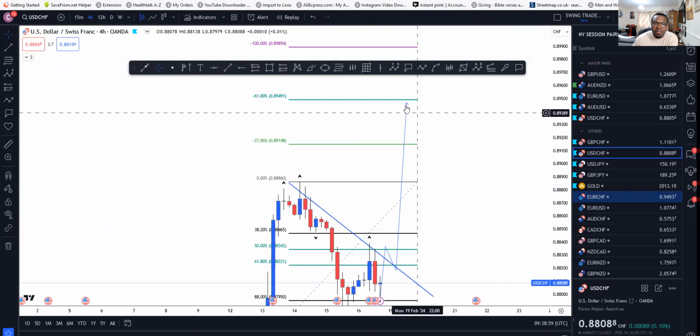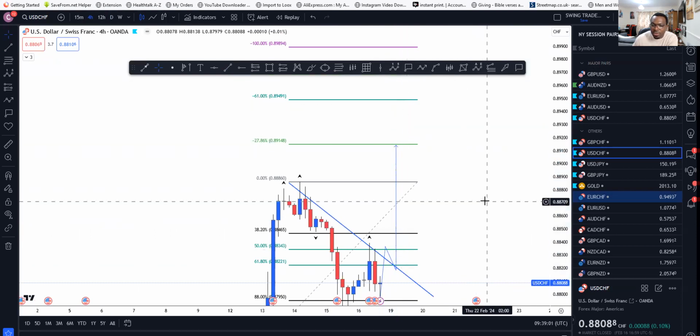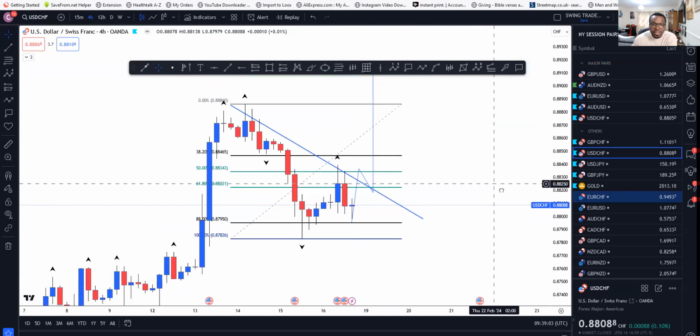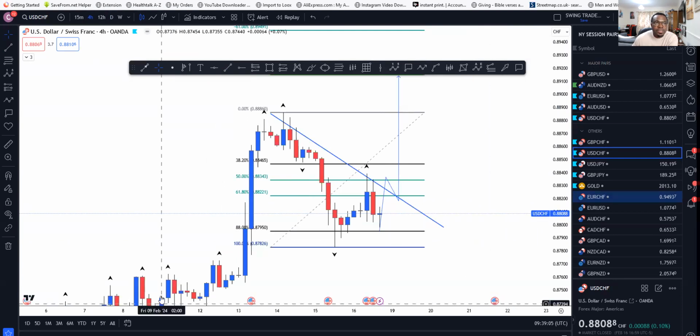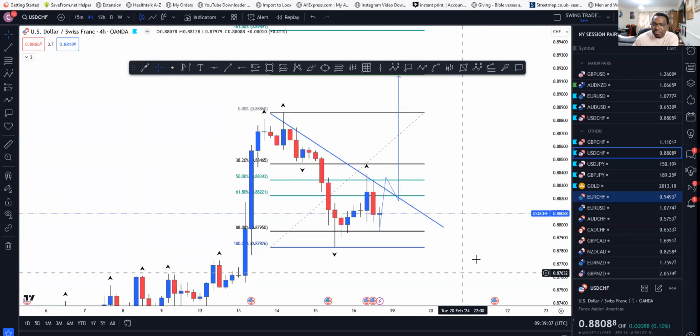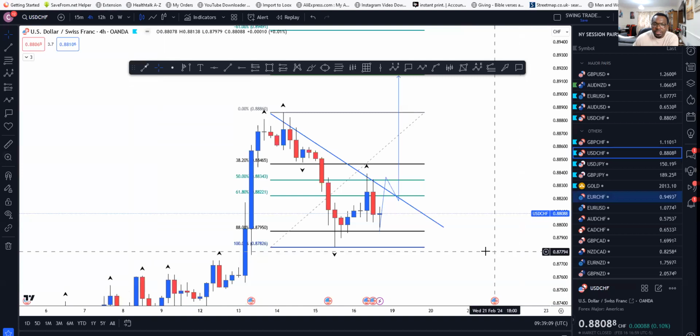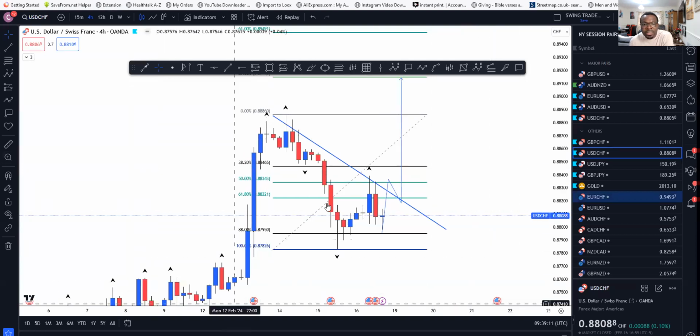All right, now again, this is what we're looking for on this particular pair, EURUSD, USDCHF and British pound Swiss franc, looking the same, beautiful. The stop loss is going to be somewhere around there.